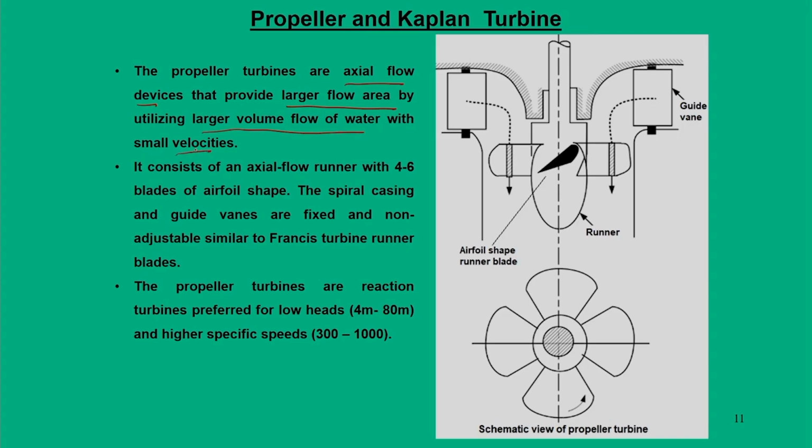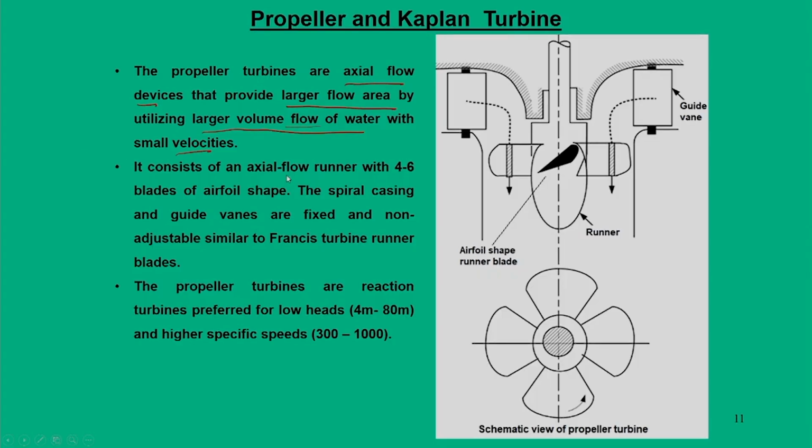There are two possible ways of harnessing power: high head with low discharge, or low head with high discharge. There are locations where a large quantity of water is available, but the head is less.